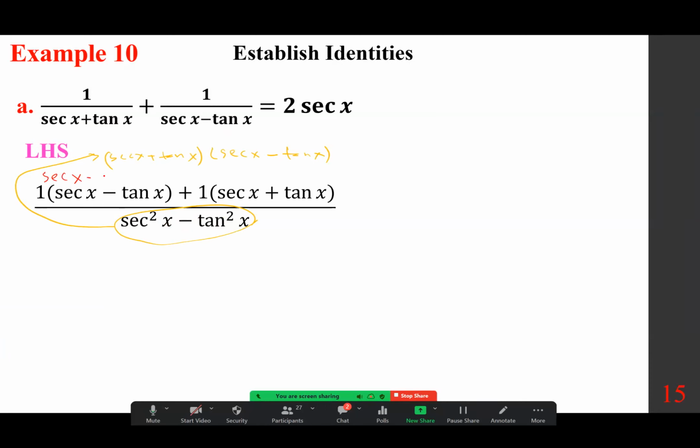Secant x minus tan x plus secant x plus tan x. So what happens? Negative tan x, positive tan x cancel each other. The numerator has a 2 secant x.